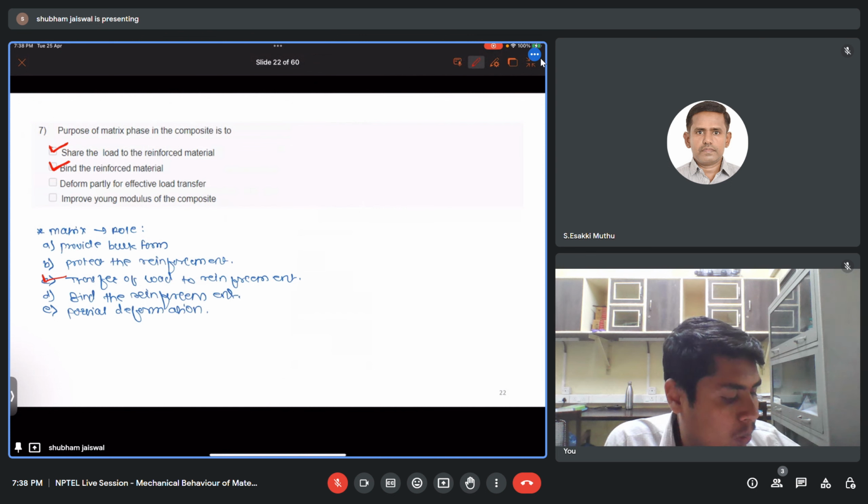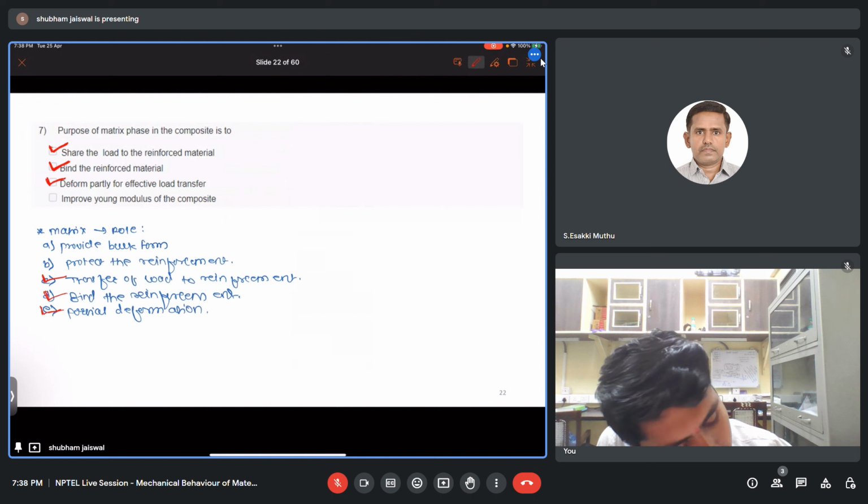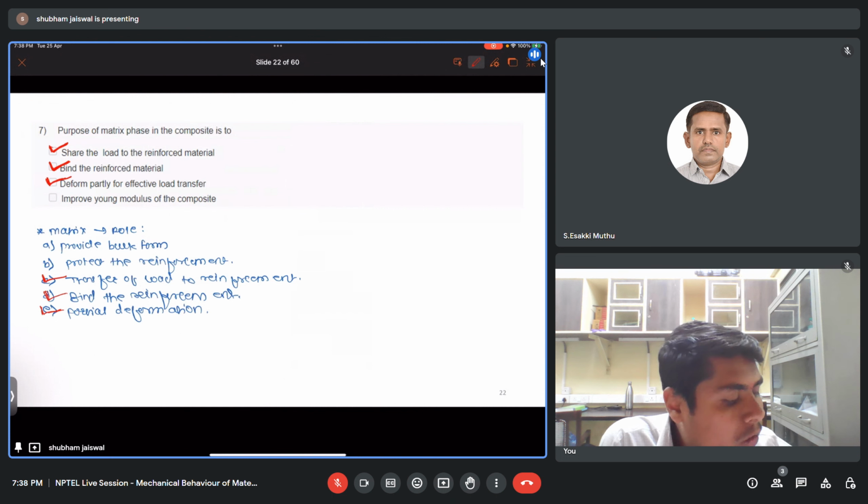Now, deform partially for effective load transfer. In order to transfer load, the material should partially deform. So these three are correct. Then, improve the Young's modulus of the composite.